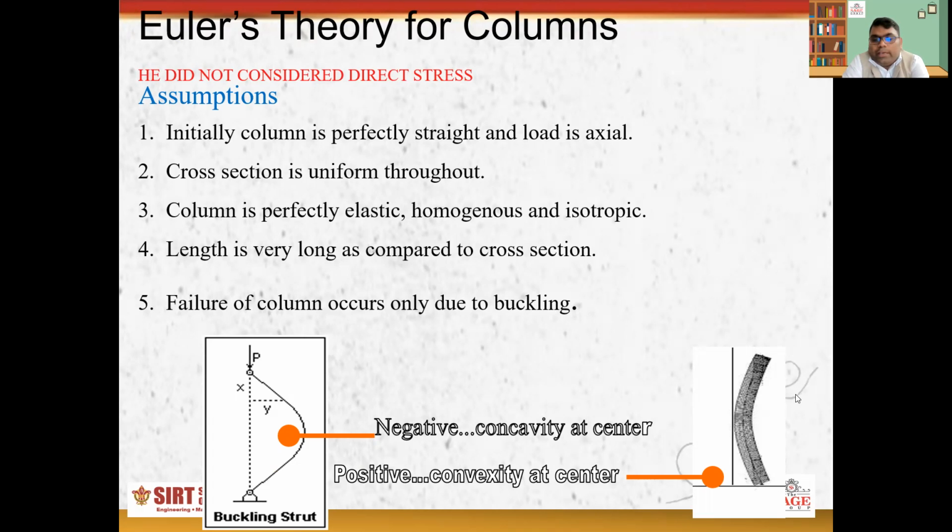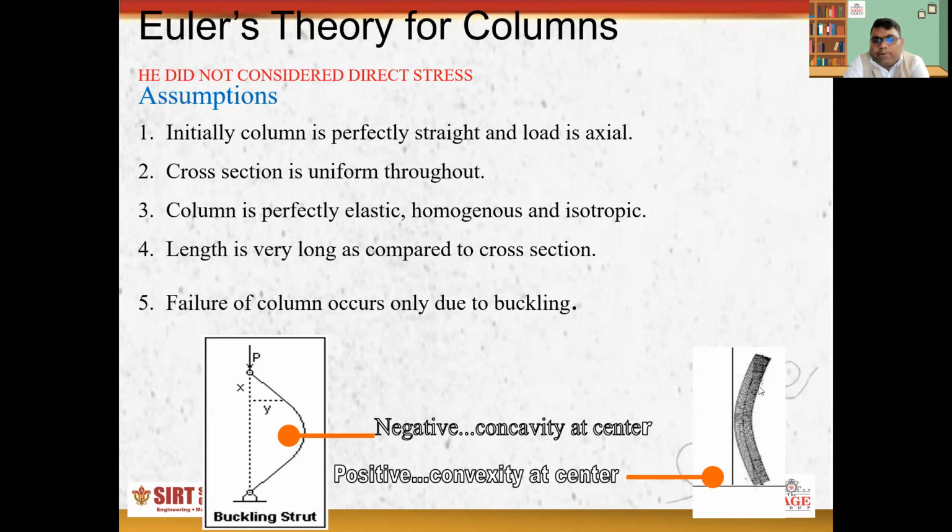And in these two simple diagrams, you can see the sign convention that we are going to follow in the coming classes. If this type of buckling occurs, the concavity is like this, so we take the sign as negative.